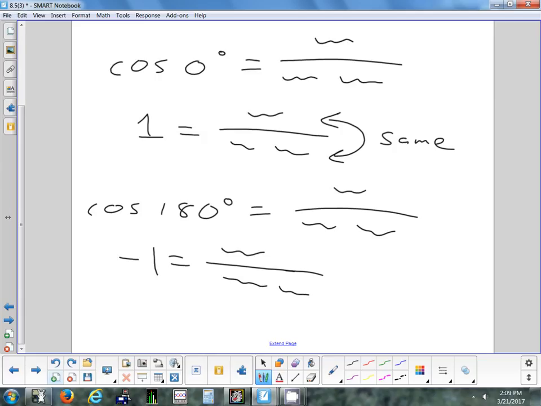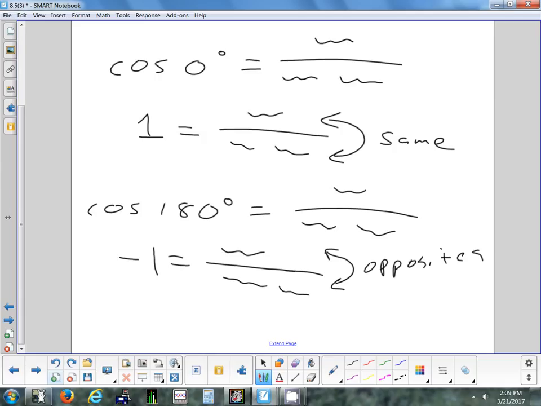The numerator and denominator have to be the same number with opposite signs. Yeah, they're opposites. The top and the bottom have to be opposites. That's the only way you can ever divide two things and get -1. Like 10 and -10.